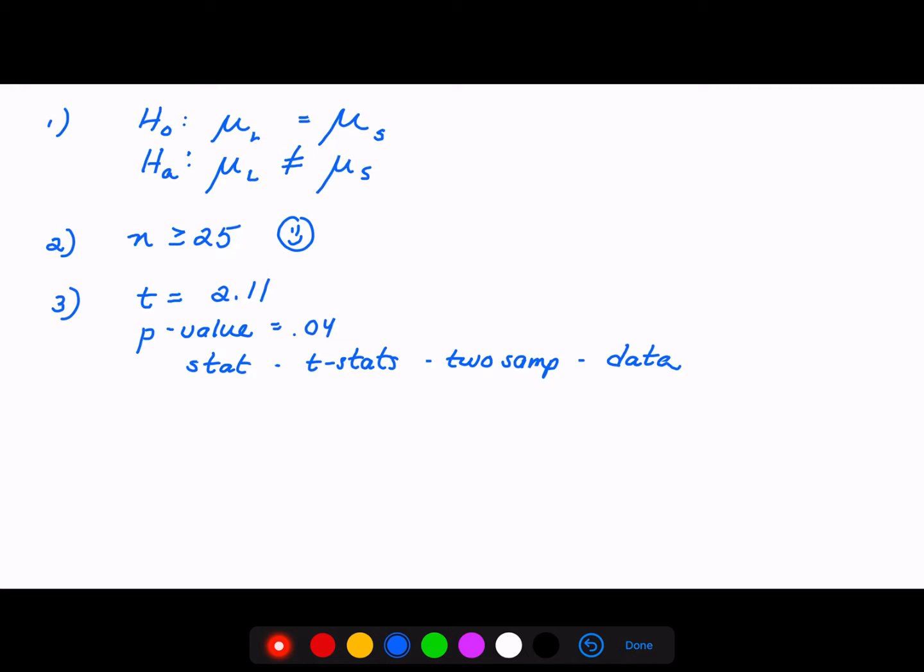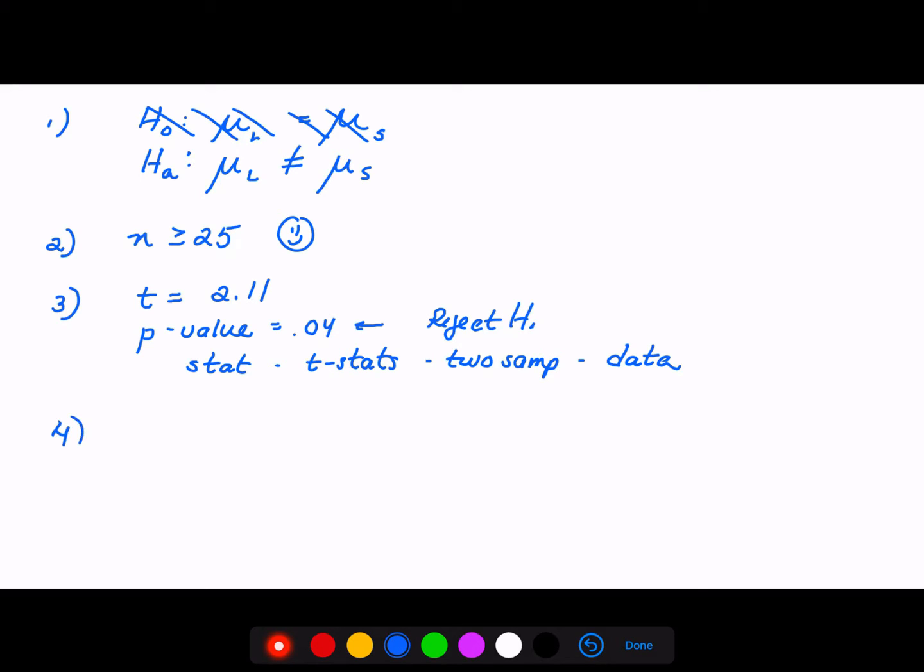Now, a p-value of 0.04 means that our sample would be highly unusual if the population means were the same. And so we don't believe the population means are the same. We're going to be rejecting our null hypothesis.